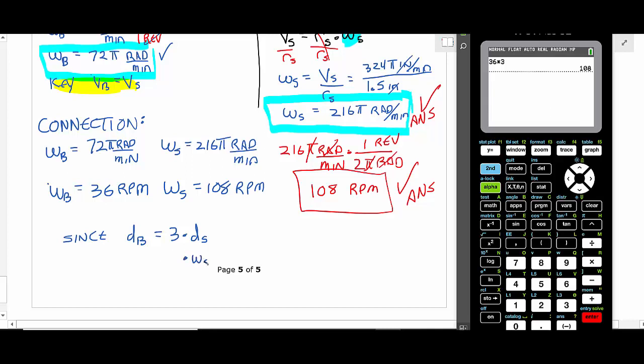The angular velocity of the small, which is 108, how does that relate to the angular velocity of the big? Well, one of these is 3 times bigger. So that angular velocity of the small is also 3 times faster. So it's got to rotate 3 times faster to keep up with the distance that bigger one is traveling. So hopefully that makes some kind of sense to you.